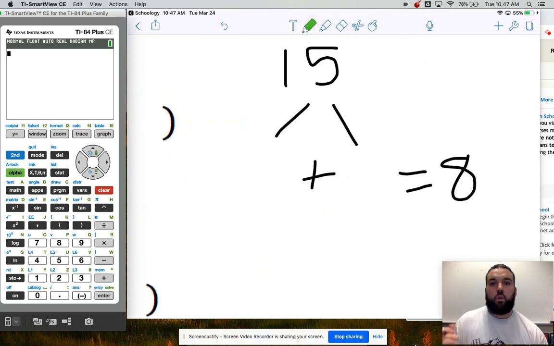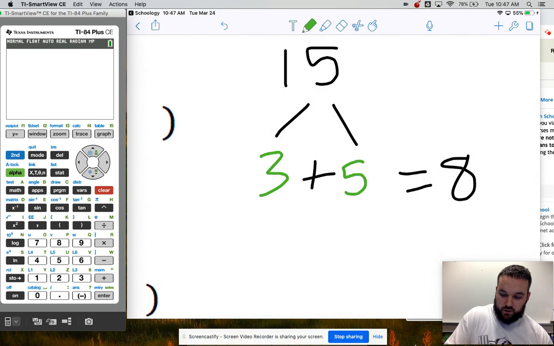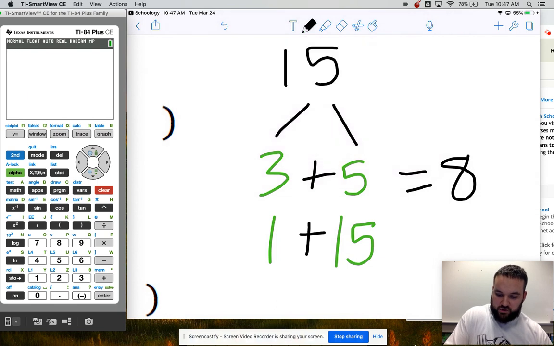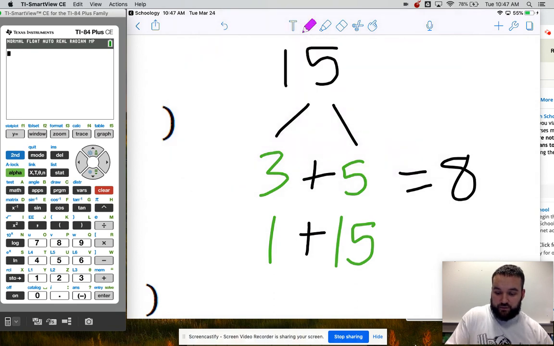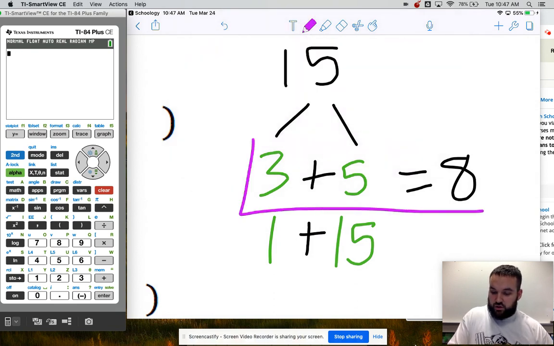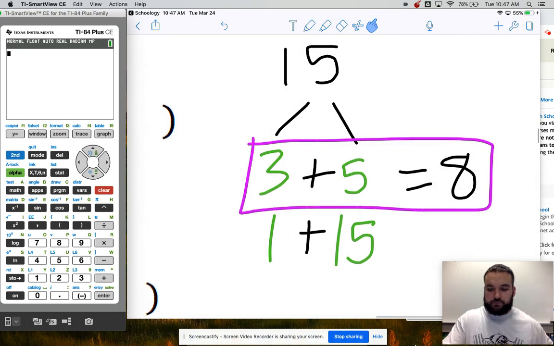Think about what numbers multiply to 15. Well, there's 3 and 5, or I could also do 1 times 15. Which of these combinations adds up to 8? Obviously 1 and 15 do not add up to 8, but sure enough, 3 and 5 do.